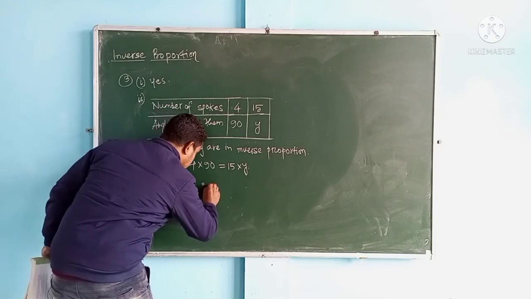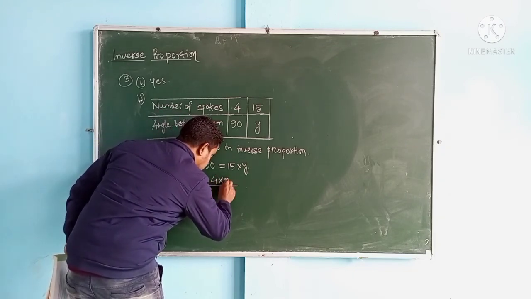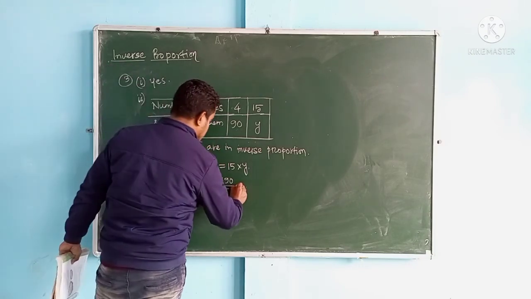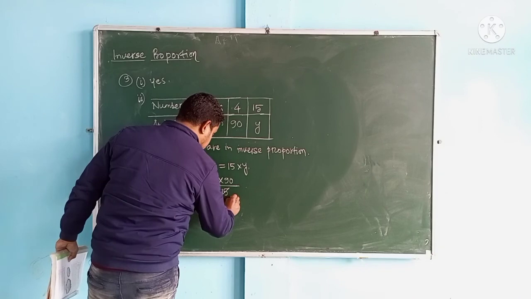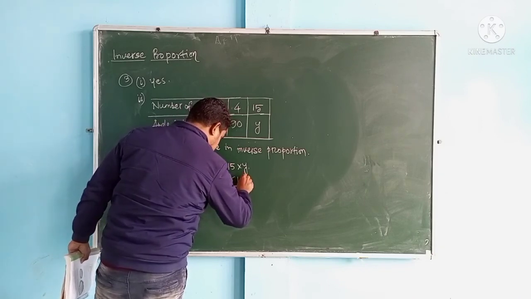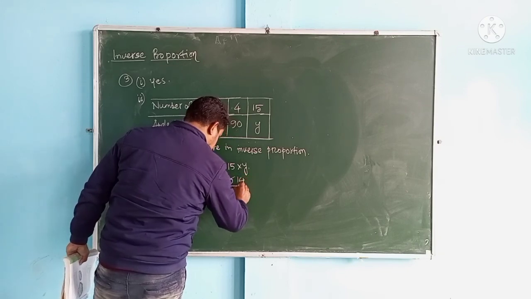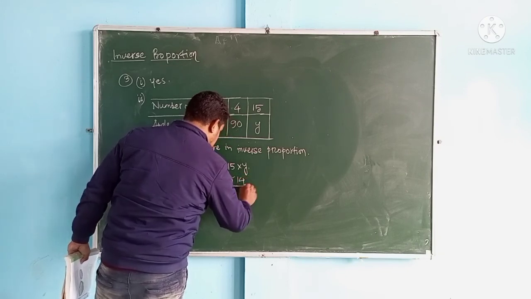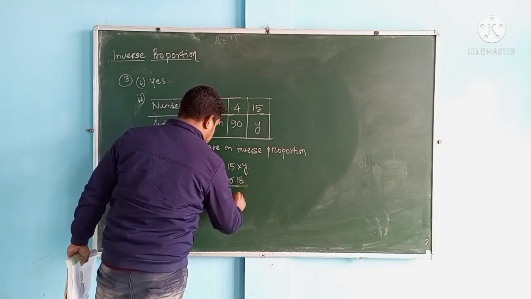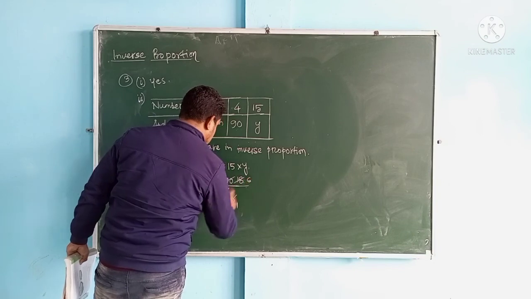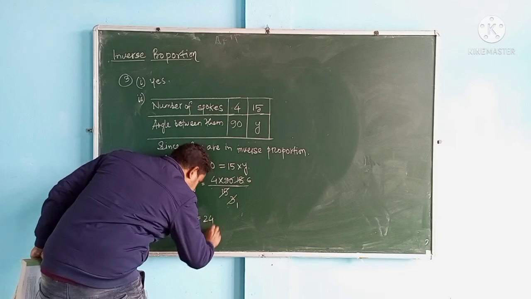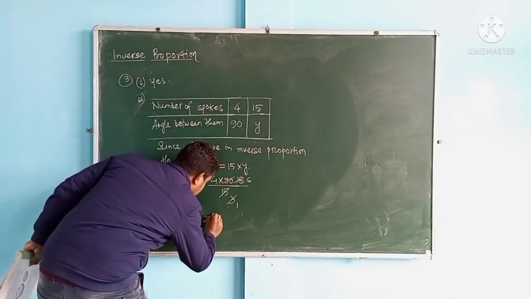So y is equal to 4 into 90 by 15. 4 sixes are 24. So the angle between them is equal to 24 degrees.